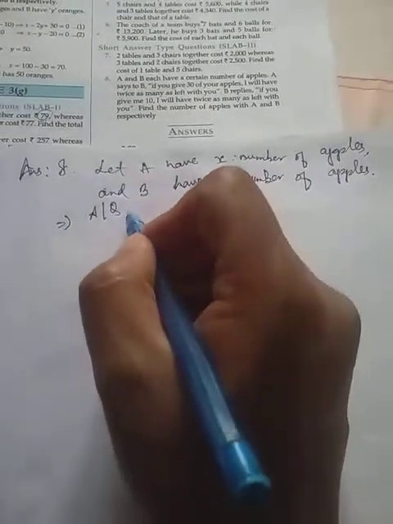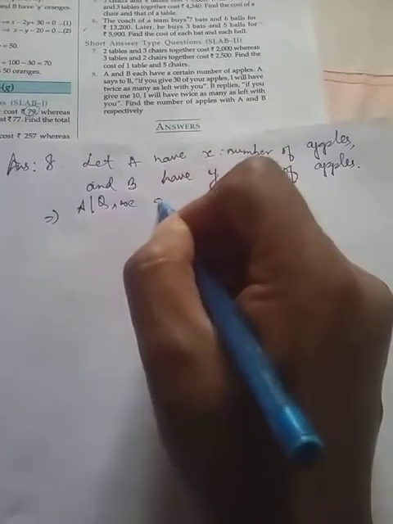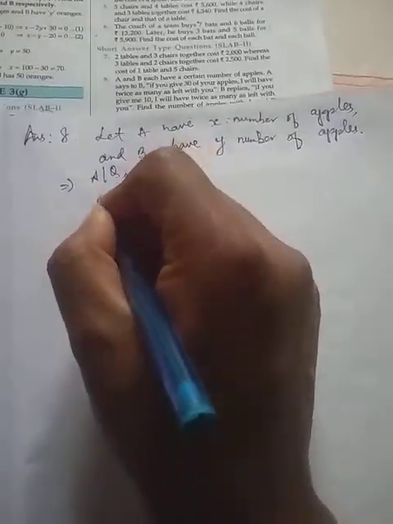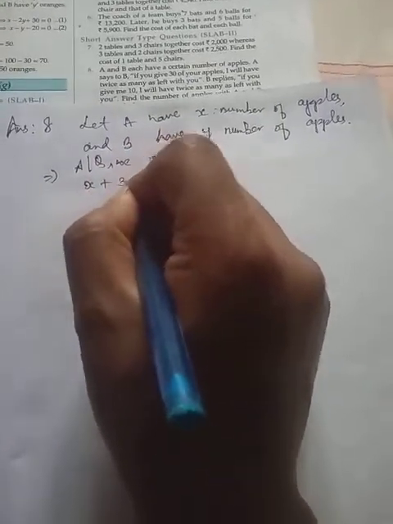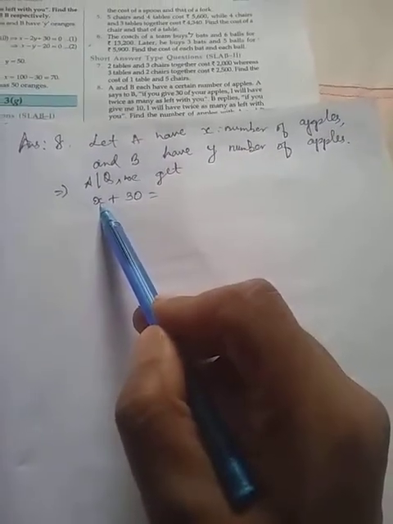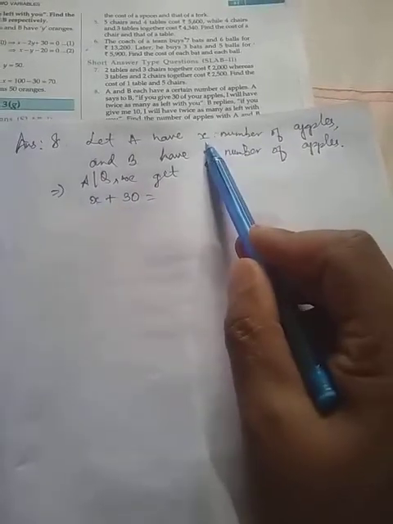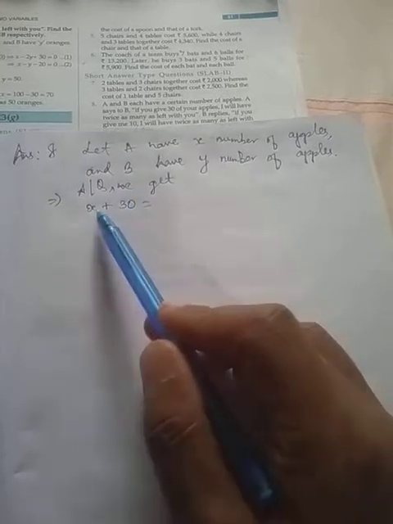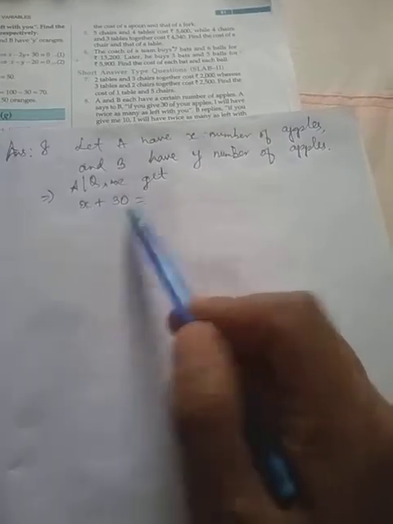So according to the question, we get X plus 30, right? Because A says to B, give me 30 apples. So if A gets 30 apples, A is having X apples, so you have to add 30 to whatever A is having. So X plus 30.